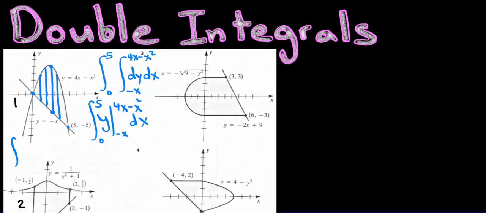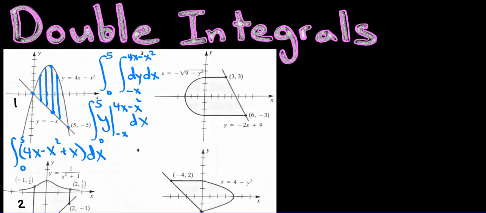So what I get now is 0 to 5, and I'm going to get 4x minus x squared minus a negative x. And then I'm integrating with respect to x. I'm kind of cramming it in here, trying to make it all fit. But all I've got to do now is integrate this one. I mean, this is a baby integral, right? We know how to do this.